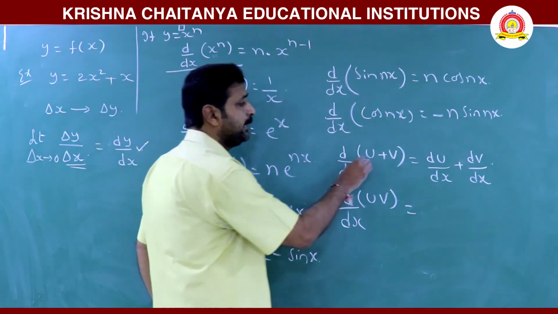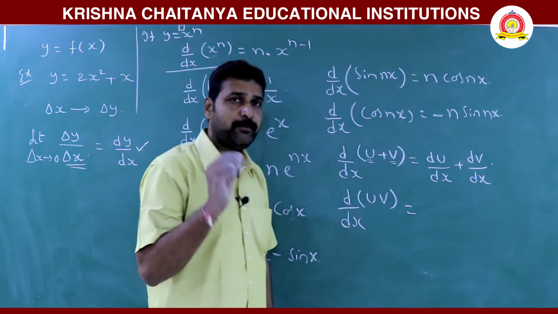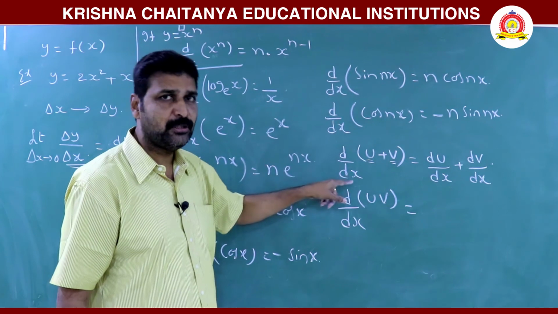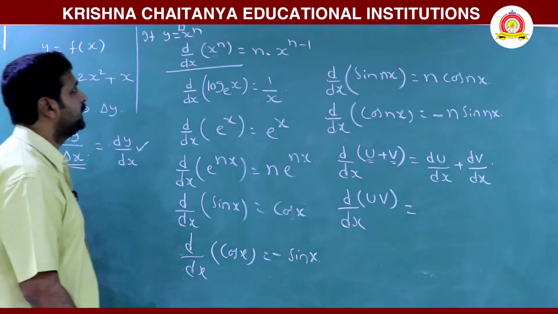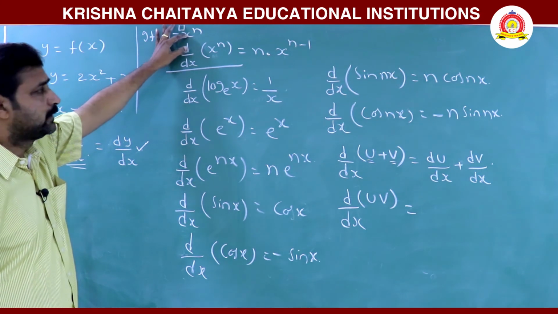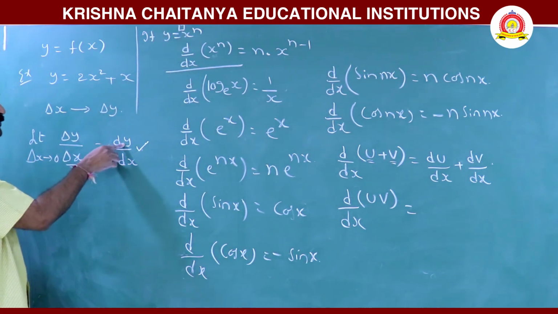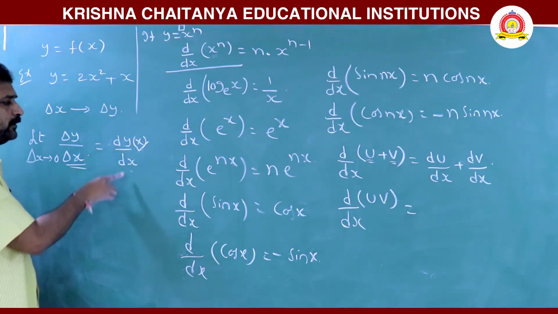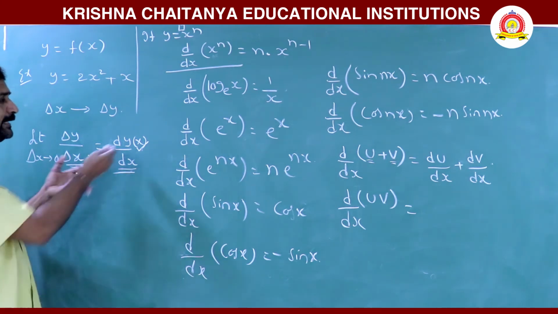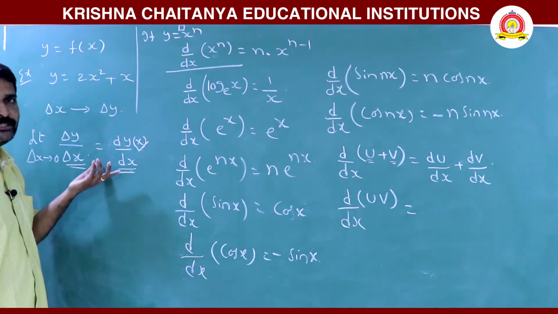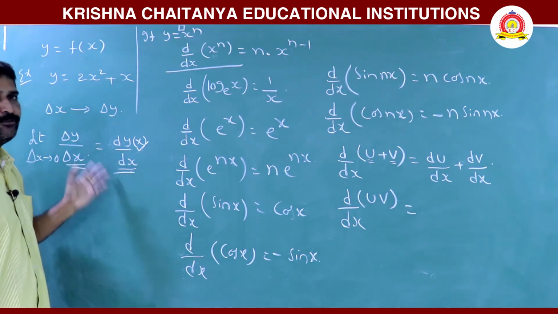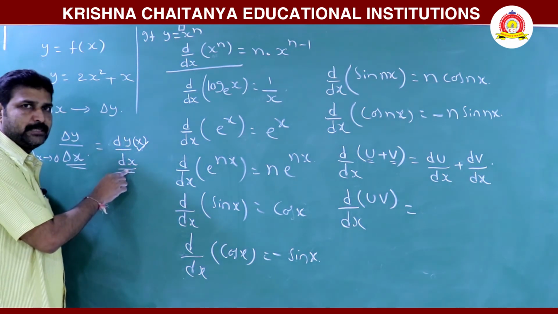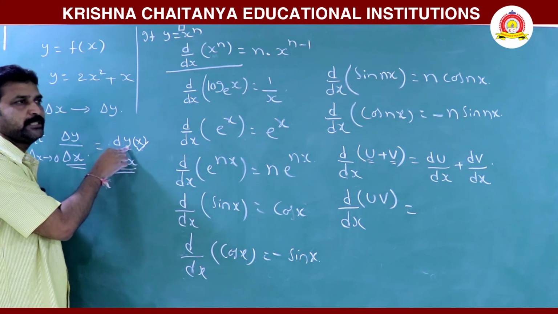When you are differentiating a variable, these variables should be functions of x only. As we wrote here, y depends on x, then only you can differentiate y with respect to x. If y is not depending on x, how can you differentiate it? If x changes, since y depends on x, y also changes. That is the point here.